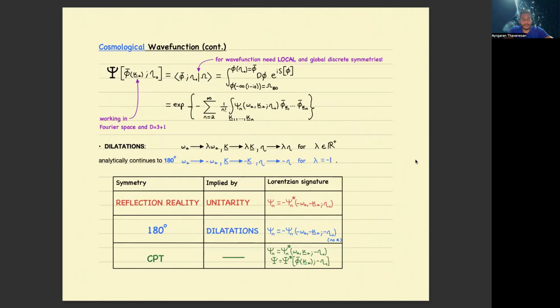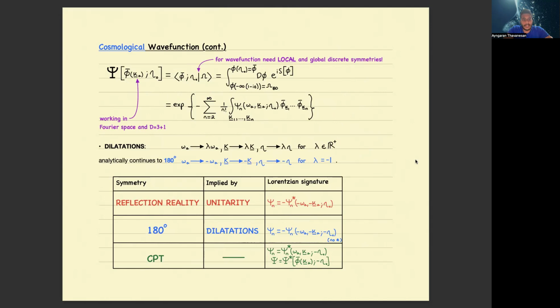So in order to come up with important constraints, we not only have to use what I've described as the global discrete symmetries of CRT, but we also have to have discrete symmetries locally. And you should refer to the paper to learn more about why this is important.